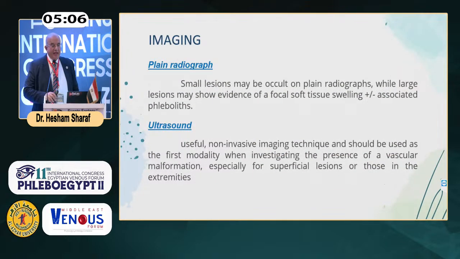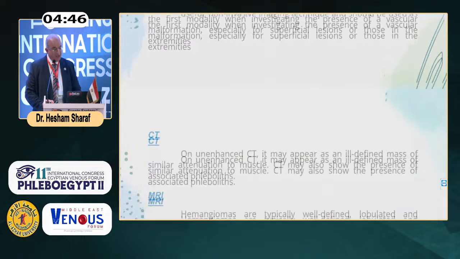There are different imaging techniques for venous malformation, like plain radiograph. Small lesions may be occult on plain radiograph. Ultrasound is a useful non-invasive imaging technique and should be used as the first modality when investigating the presence of vascular malformation.